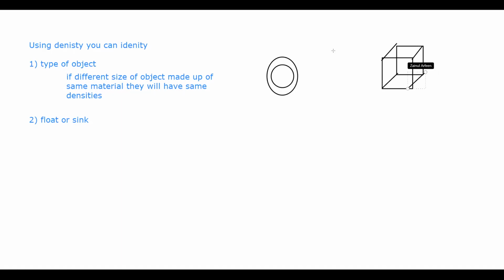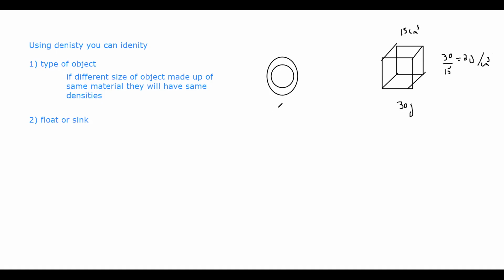For example, the mass of this cube is 30 grams and its volume is equal to 15 centimeter cube. So what is the density? 30 divided by 15, so the density will be equal to 2 gram per centimeter cube.